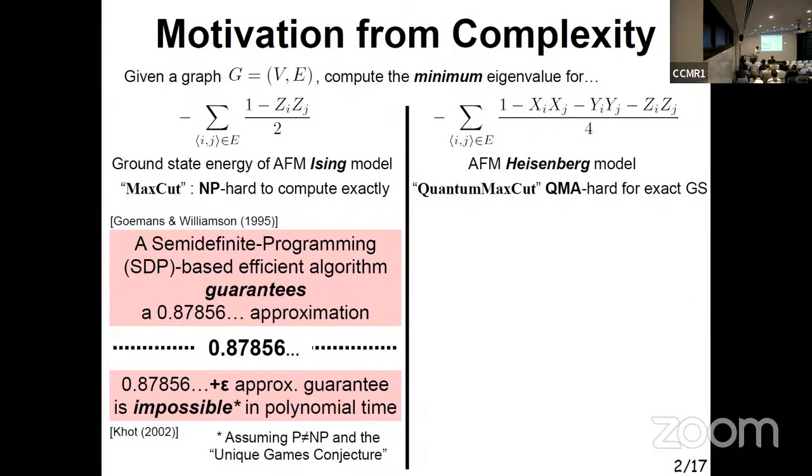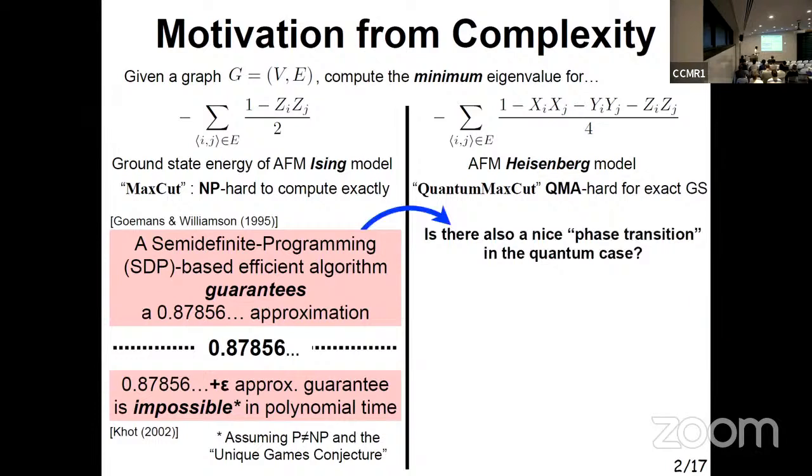The quantum Heisenberg model, you can view it as the quantum counterpart of this classical max cut, and that's why we call it quantum max cut in this computer science context. We can exactly ask a natural question. Is there a similar phase transition-like behavior in terms of the hardness of approximation in the quantum case? But before asking this very fundamental question, we can already ask a more down-to-earth question. For example, how well does the semi-definite programming for the quantum case do?